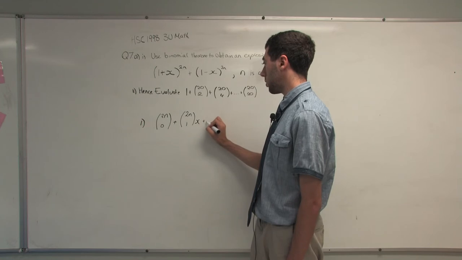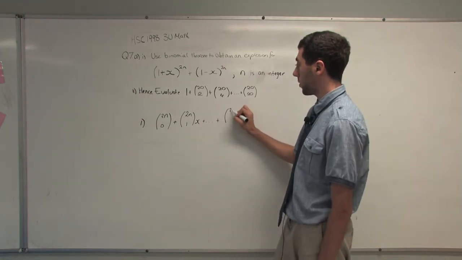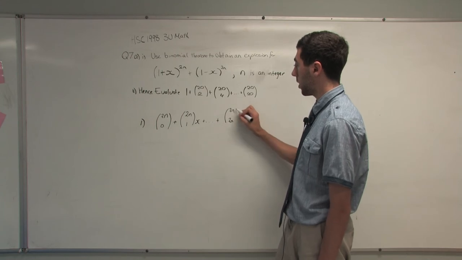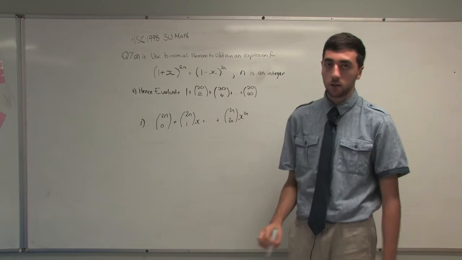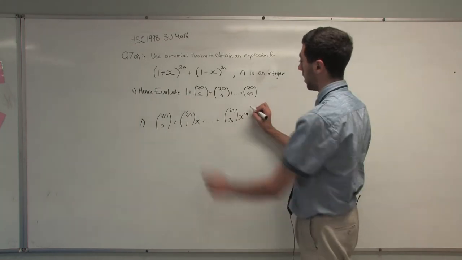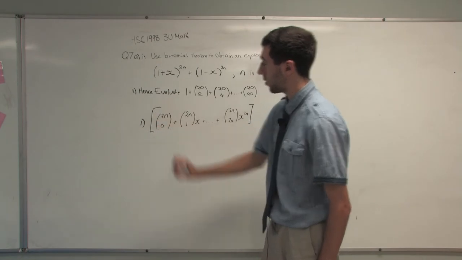And we can continue this process all the way up to 2nC2n and x to the 2n. Alright, so that's the first bracket done. To indicate that, I'm going to have a square bracket to show it's all closed off.